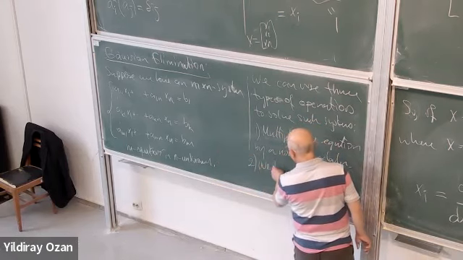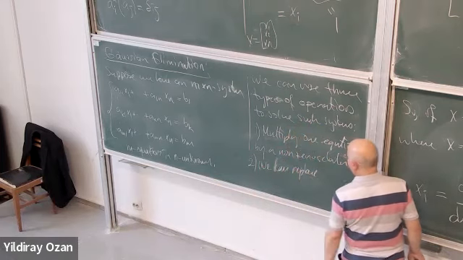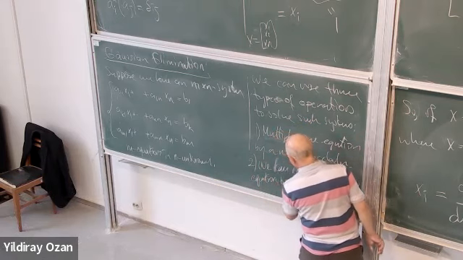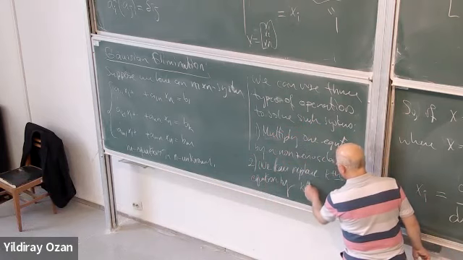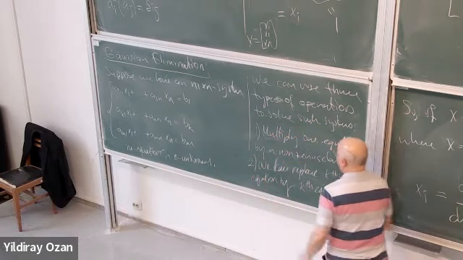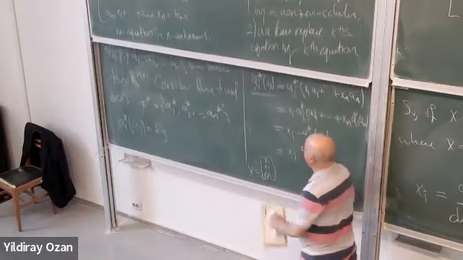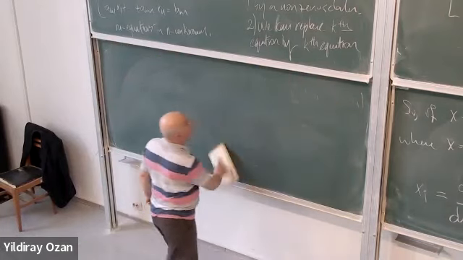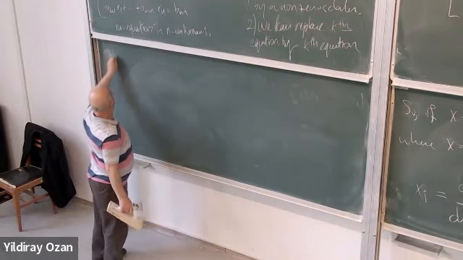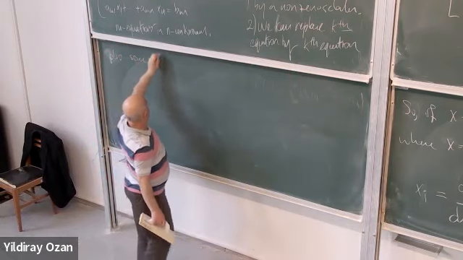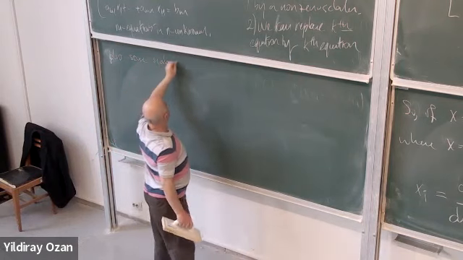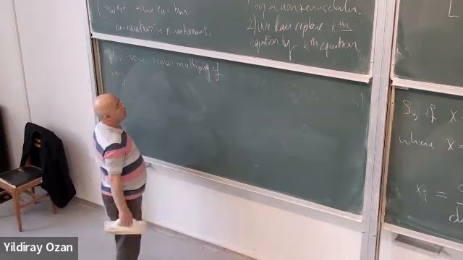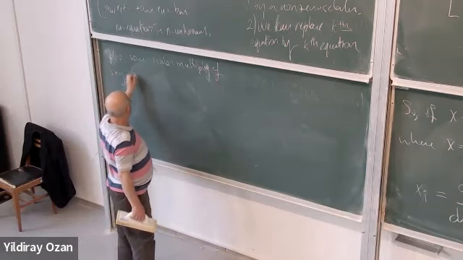So we can replace the kth equation by the kth equation plus some scalar multiple of, say, the jth equation or lth equation.